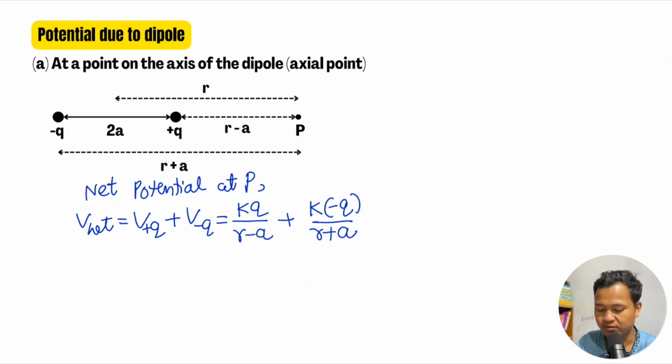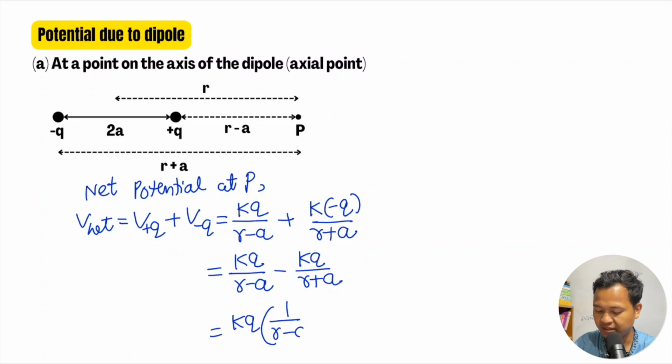Okay, now you solve this one. kq divided by r minus a minus kq divided by r plus a. Then kq is common and the remaining is 1 by r minus a minus 1 by r plus a.